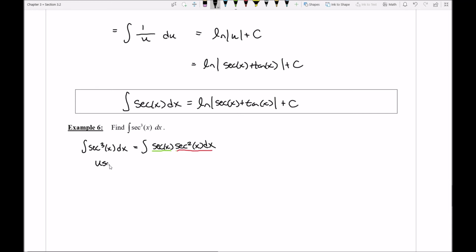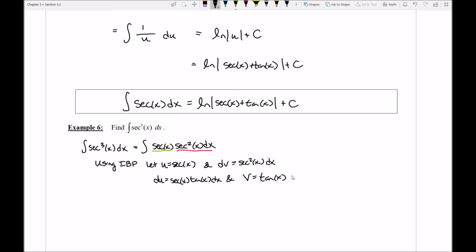So I'll state here, using integration by parts, we'll let u be equal to a secant of x. dv would then be equal to my secant squared of x dx. That, of course, gives me du is secant x tangent x dx, and v would just be tangent x.